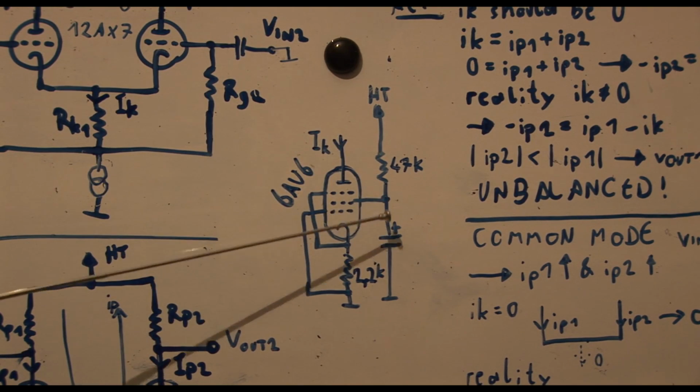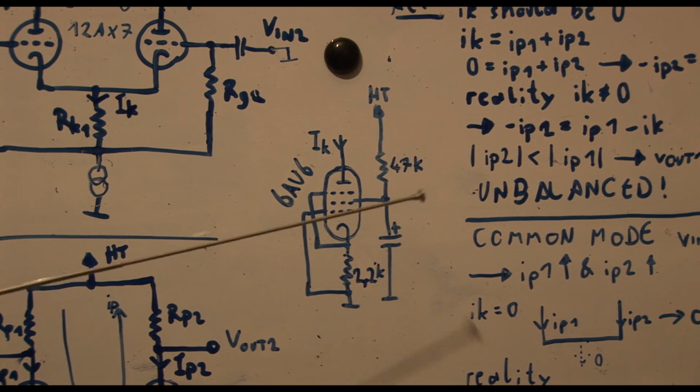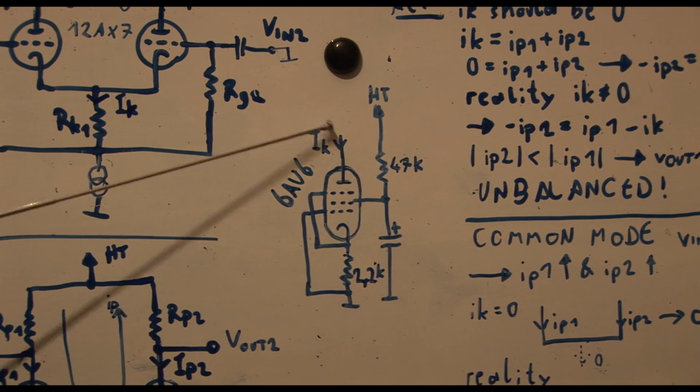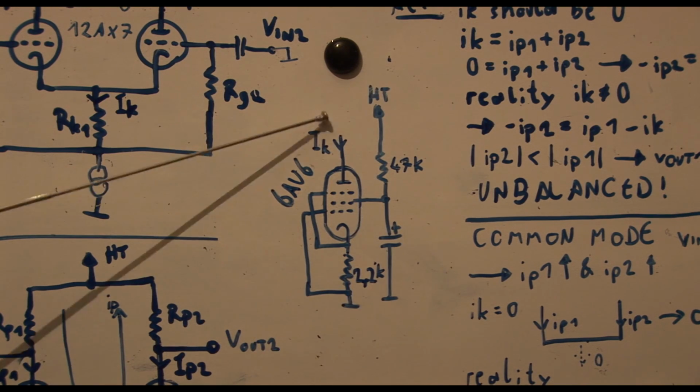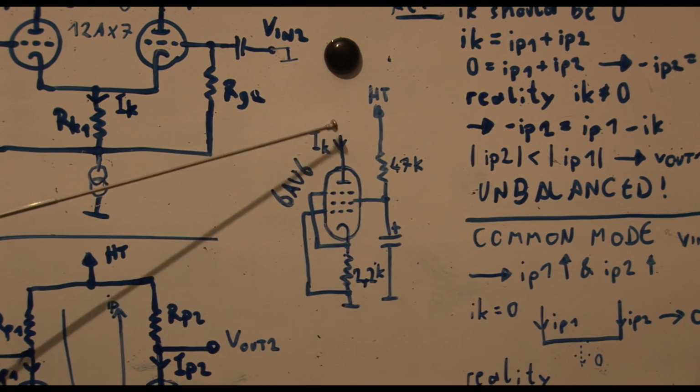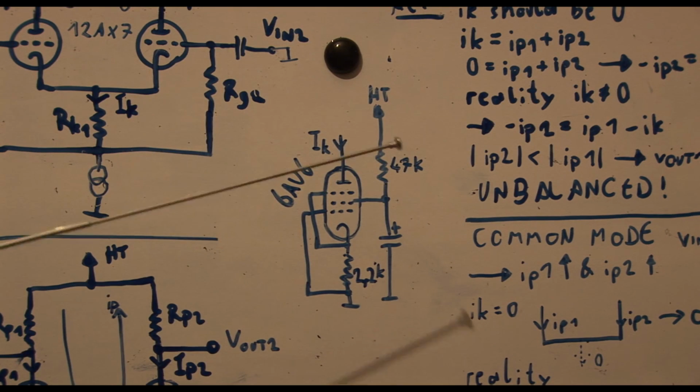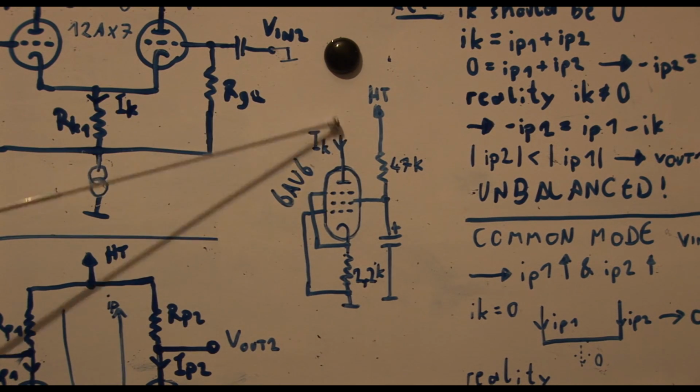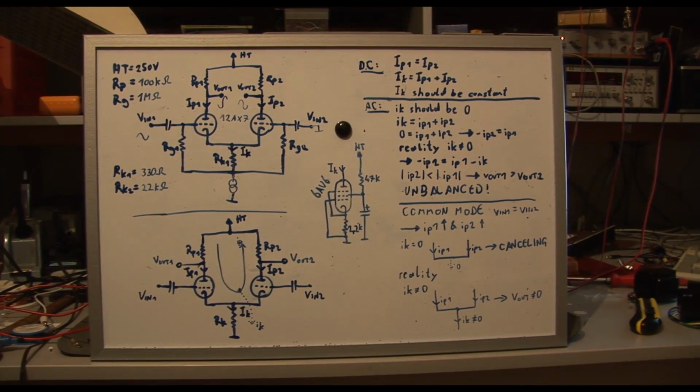Notice that I stabilized the voltage on the screen grid with this capacitor, and this improves its current source stability when the input is changing very fast for alternating input loads. That's why this capacitor is here, and then the current which flows down here is a constant current. So this is the solution to our problem, and now I will show you this solution in action.